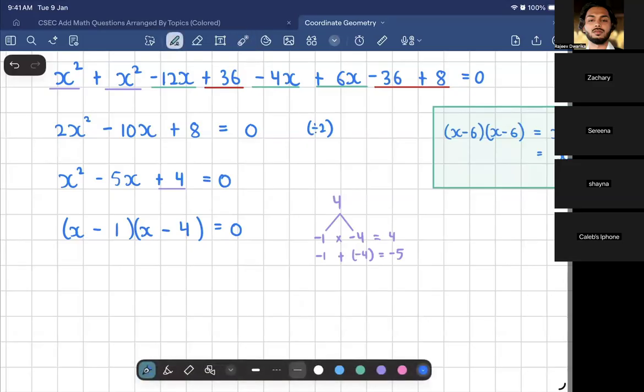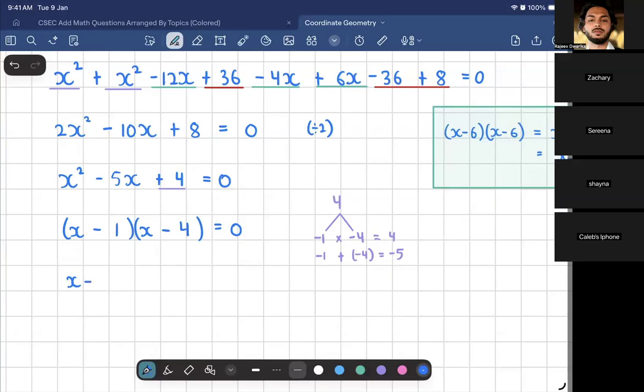All right. Zachary, Caleb, Serena, we good? Yes, sir. What's the next step, guys? You'll see x equals 4 and x equals positive 1, and you substitute each back into the equation. All right. Let me make sure the others understand that. Zachary, Serena, and Caleb, are you all confused? No, sir.